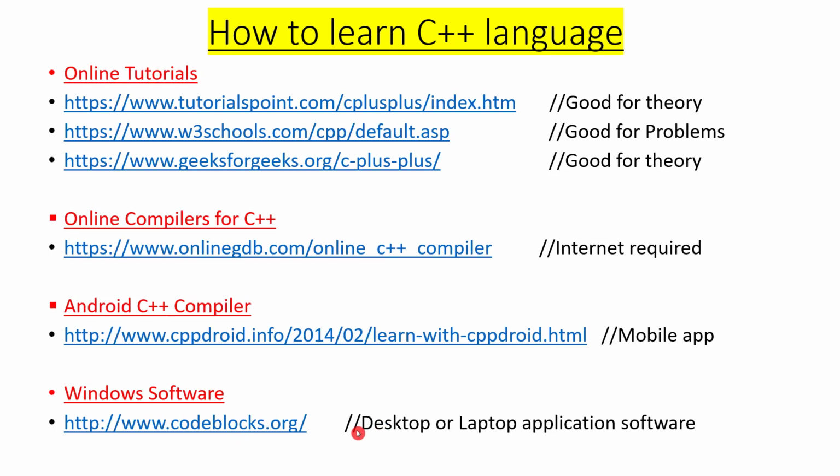It is an offline desktop or laptop application that can be used for running C++ programs. So the last three are meant for running coded C++ programs, and the first ones are for learning the theory and problems in C++.